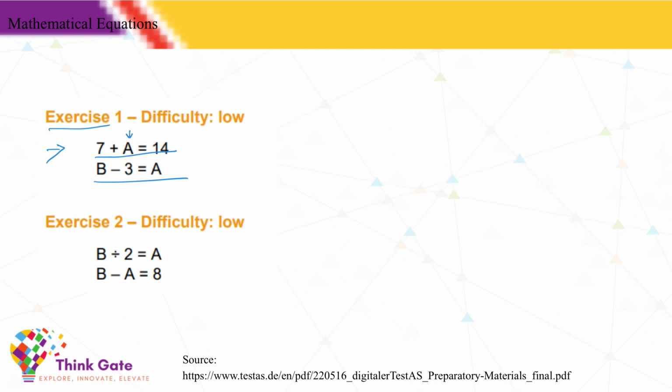An equation will consist of two things. First is the variable, and the second is the constant. The variable can be a, b, c, or x, y, z, anything. The constant will be a number, like an integer.